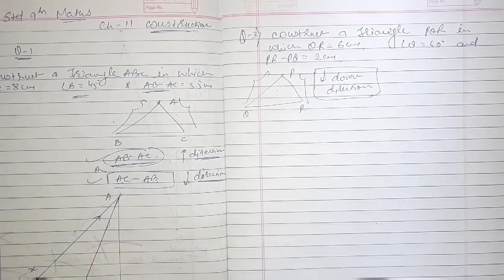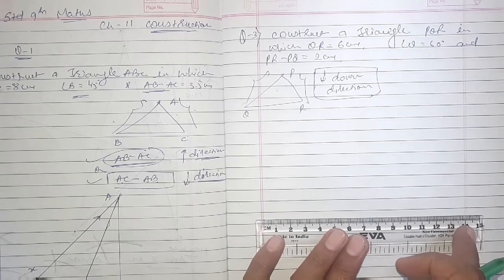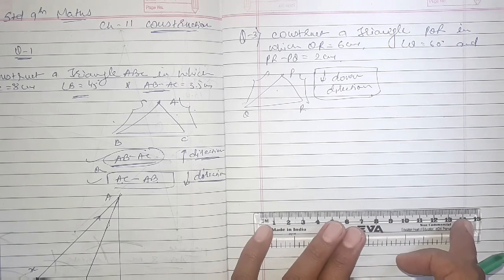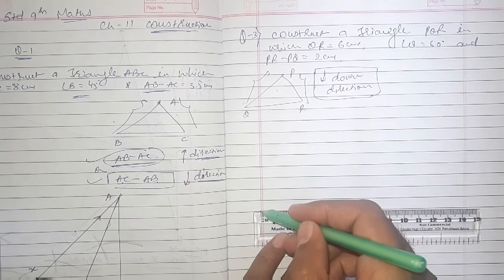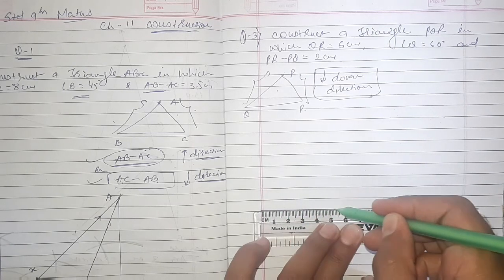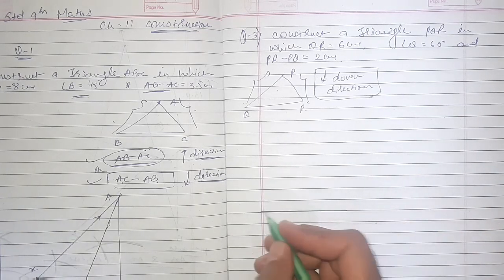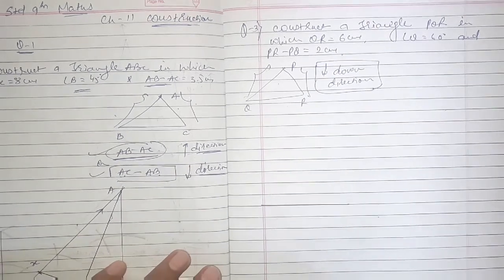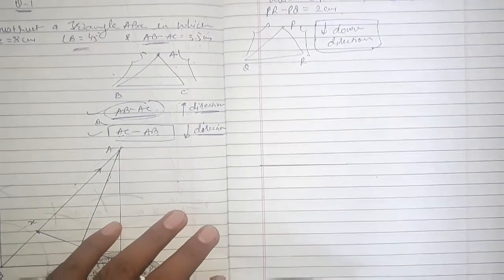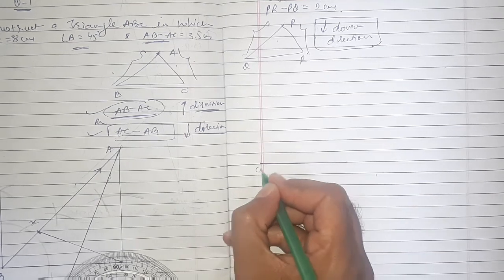So for that, let's start. Here the side is 6 centimeter, given. So take 6 centimeter. Here is the 6 centimeter we are taking. Now this is QR, 6 centimeter.